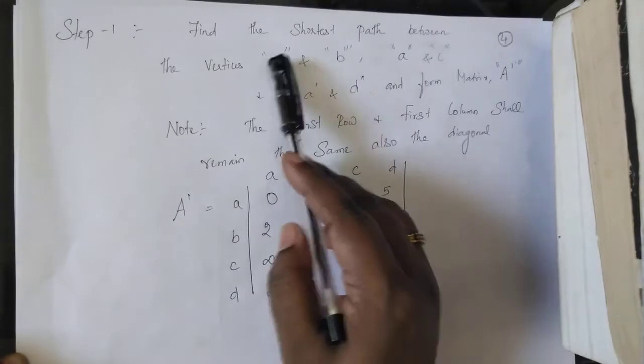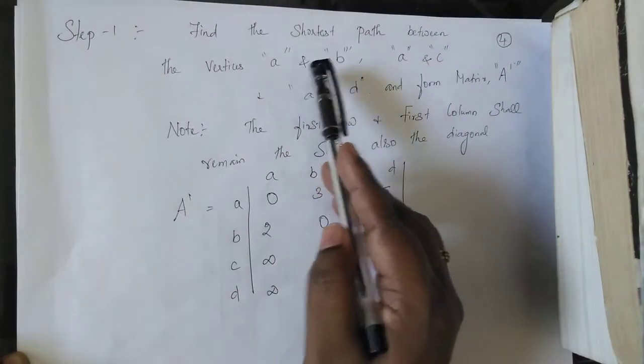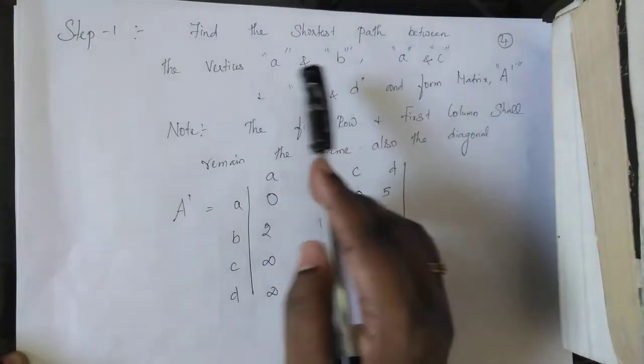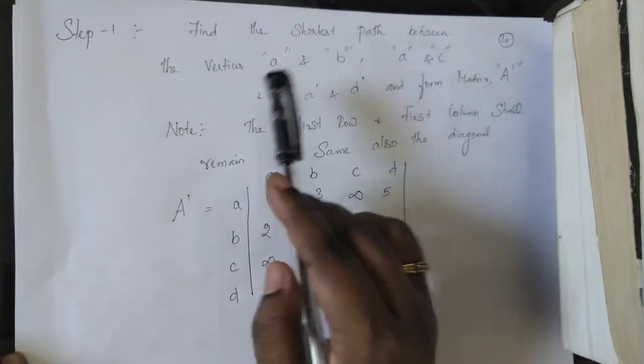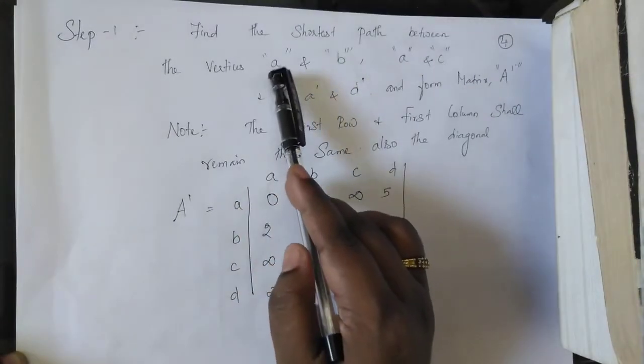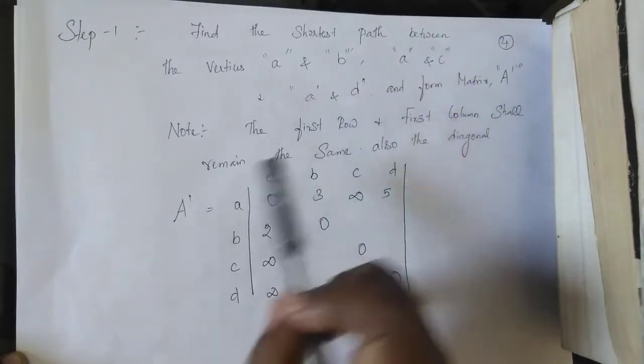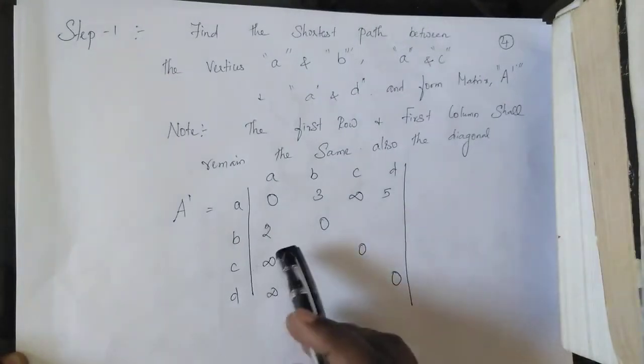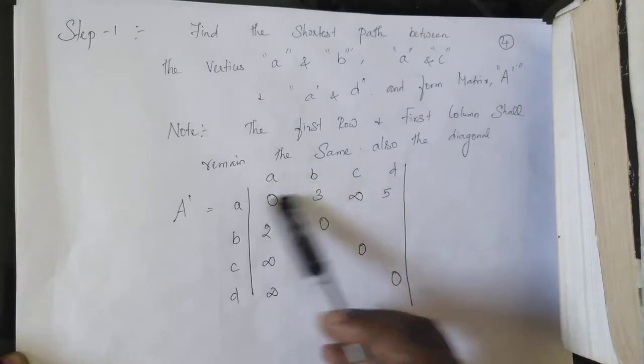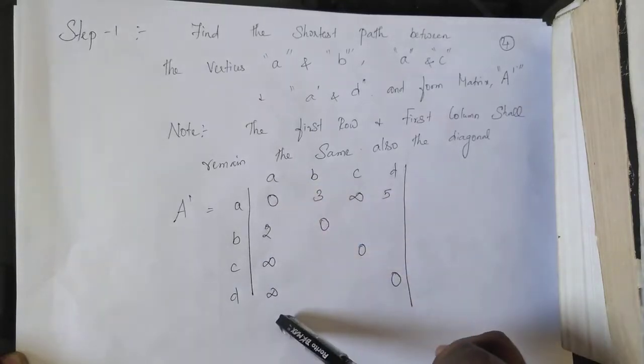In step 1, what we are aiming at is finding the shortest path between the vertices A and B, A and C, and A and D. The first row and the first column will remain the same. Why?